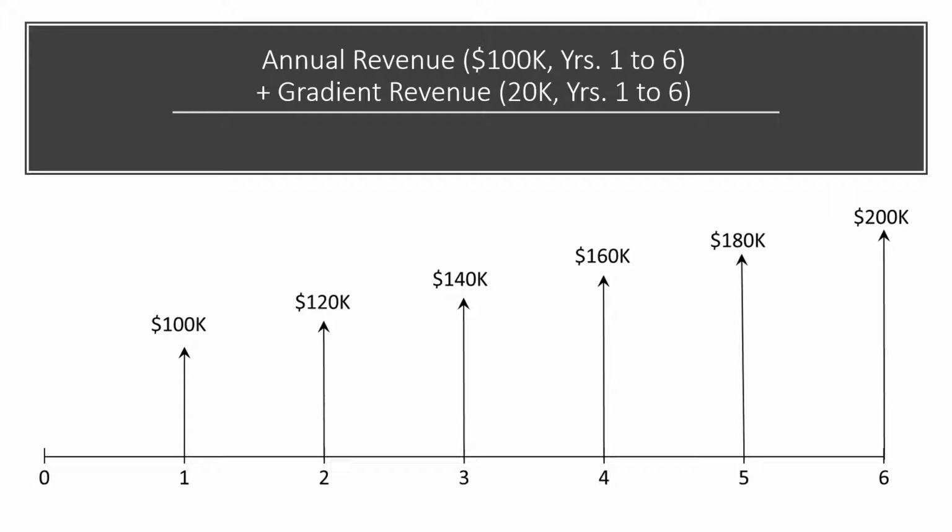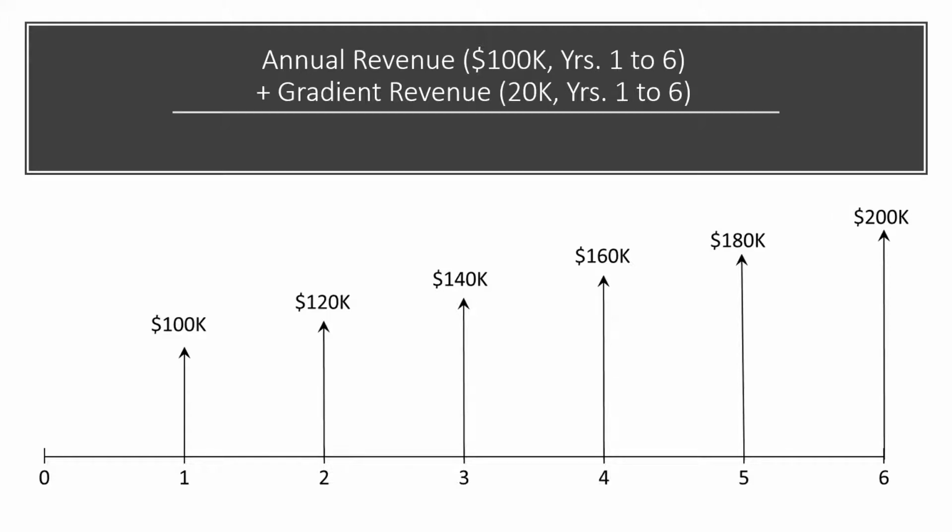Sometimes you'll have a situation where you have both an annual revenue and a gradient revenue. So in this case, you see the first year value is not 0, but in fact is 100. So essentially what we have is an annual amount of 100 in each year, and then we're adding to it a gradient revenue of 20K.